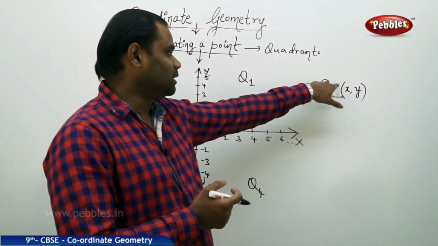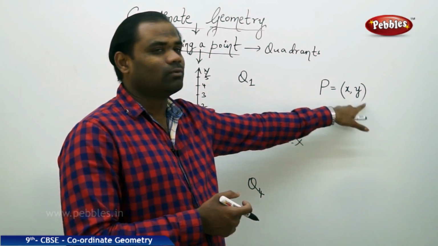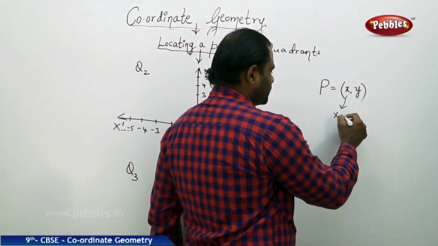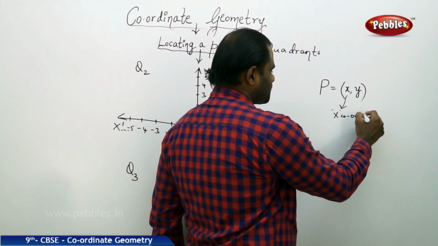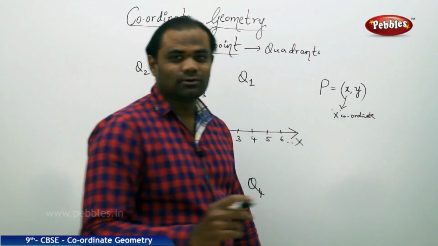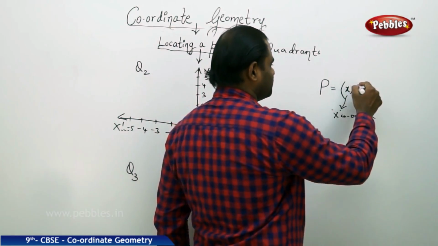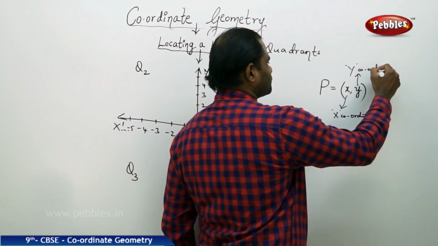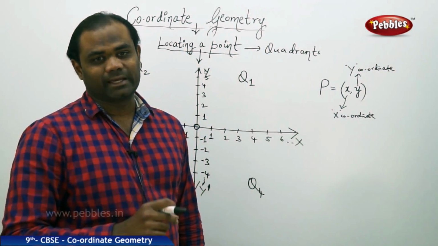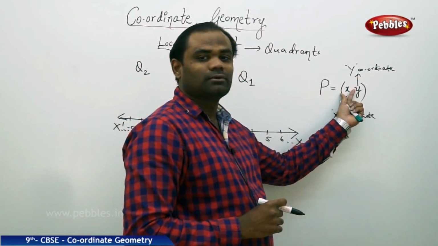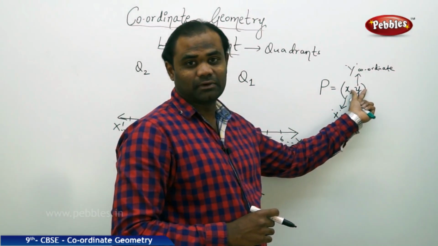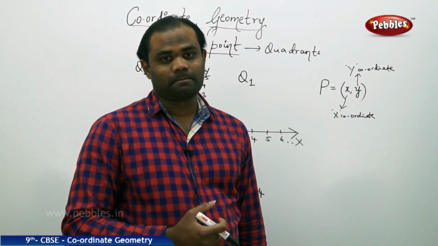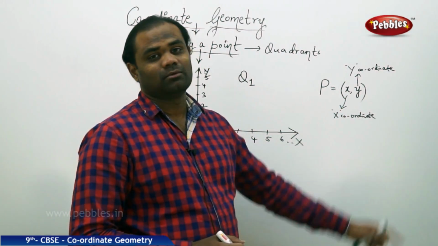When I take the point P, I denote it with open brackets as (x, y), where x refers to the first value or the x coordinate, that is a value on the x-axis, and y refers to the y coordinate, or the value on the y-axis. So here I have this value which lies on the x-axis, and here I have the value which lies on the y-axis. That is how the rule is applied for the point, generally denoted by (x, y).